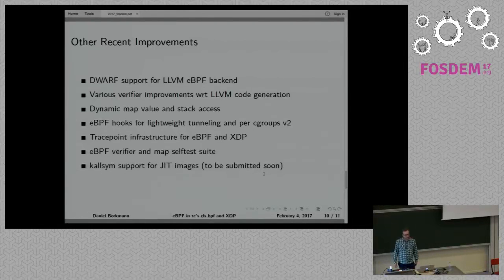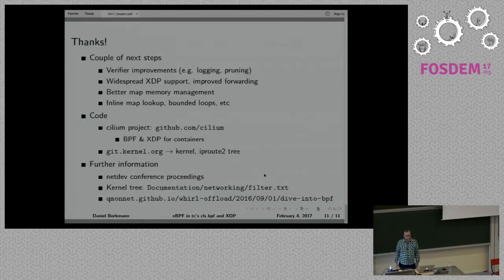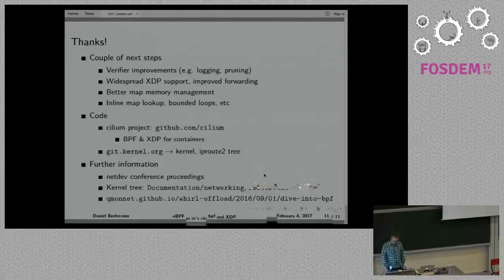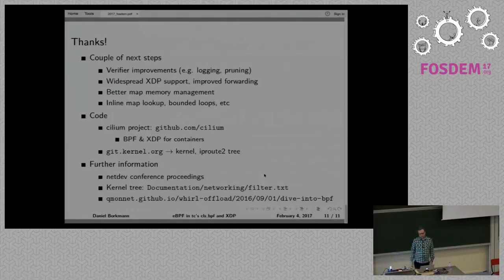Trace points have recently been merged, and so on. So a couple of next steps. Definitely there still have to be improvements from the verification side in terms of logging, or providing more helpful user messages, for example.